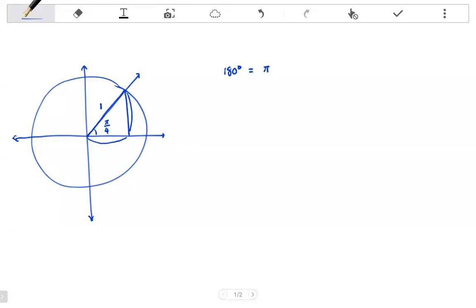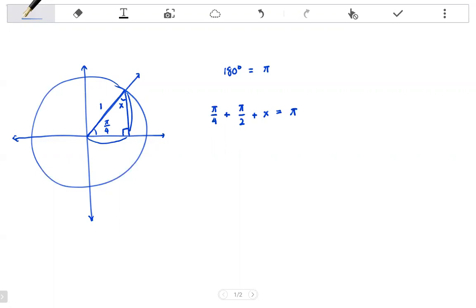So if this is 90 degrees, because this is a right triangle, that means that pi over 4 plus 90 degrees, or plus pi over 2 radians, since we're using radians, plus x, because we don't know what this is, plus x, has to equal pi, or 180 degrees. So what is x? Let's try solving for that.